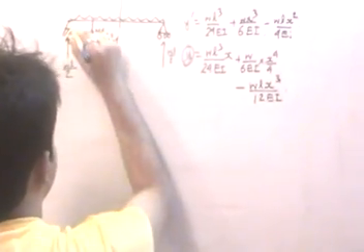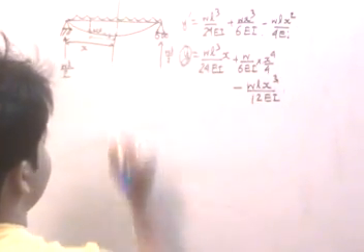At x is equal to L by 2 we get the maximum deflection. We have seen this from the shape of the deflected pattern.